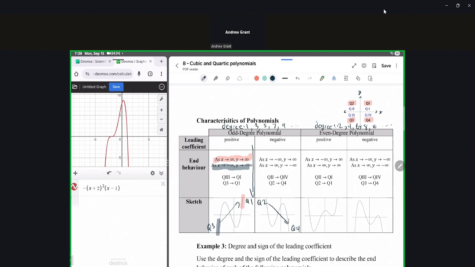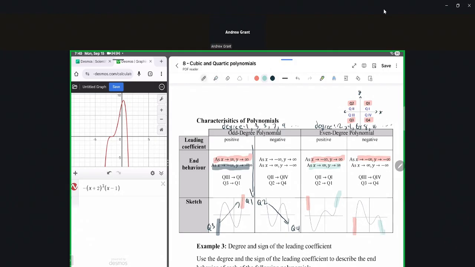They both start and end on the same side of the x-axis. So as x approaches negative infinity, y approaches positive infinity. And as x approaches positive infinity, y approaches positive infinity. Similarly, if the leading coefficient is negative, then as x approaches negative infinity, y approaches negative infinity. And as x approaches positive infinity, y approaches negative infinity.